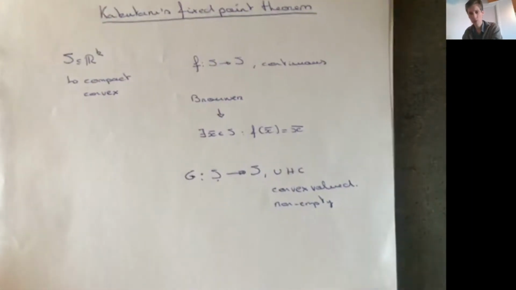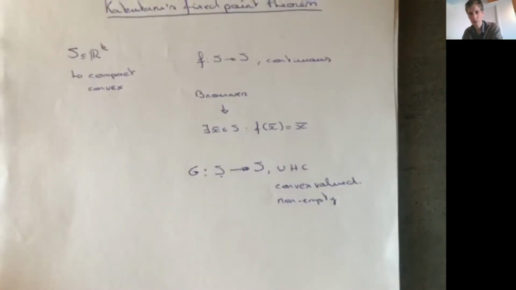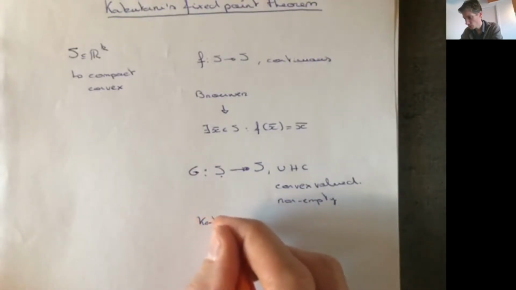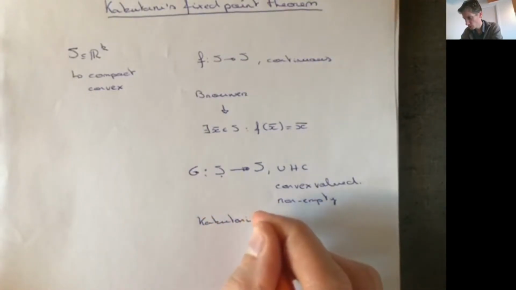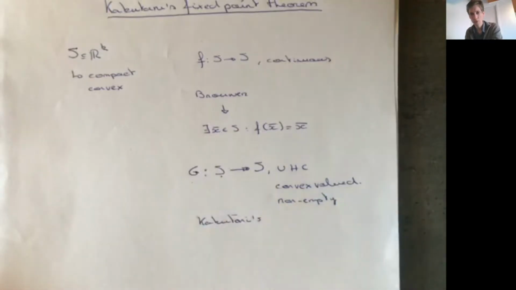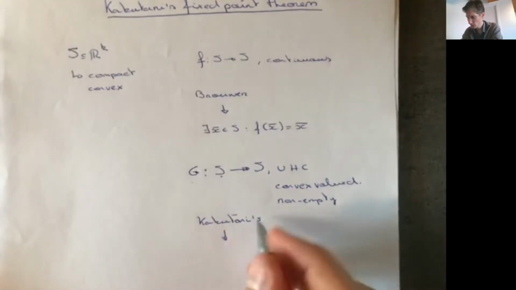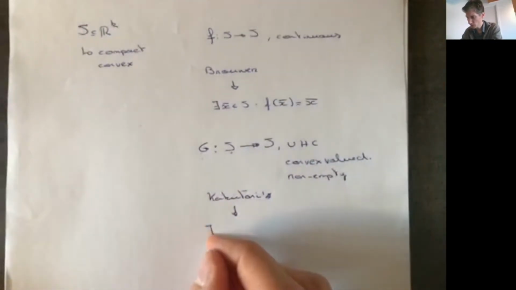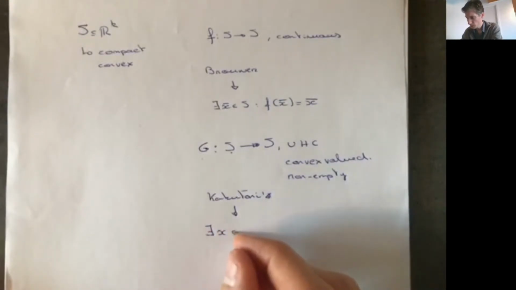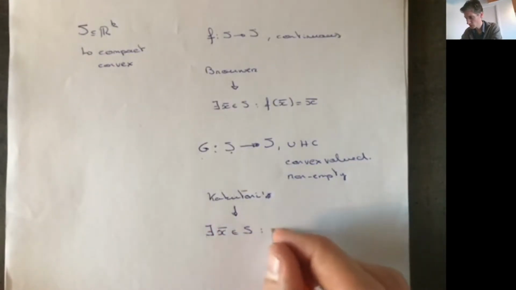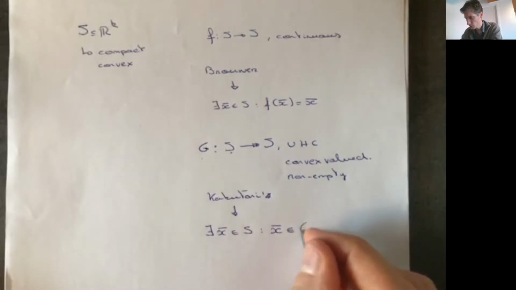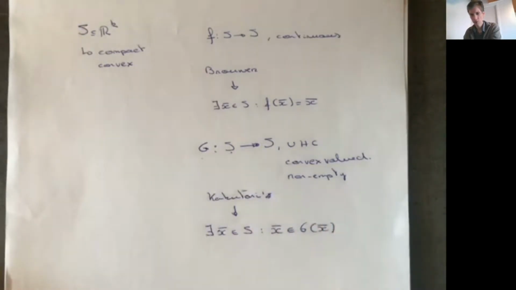So if these three conditions are satisfied, then Kakutani tells us that G has a fixed point. In particular, there exists an x in S such that x is in G of x.